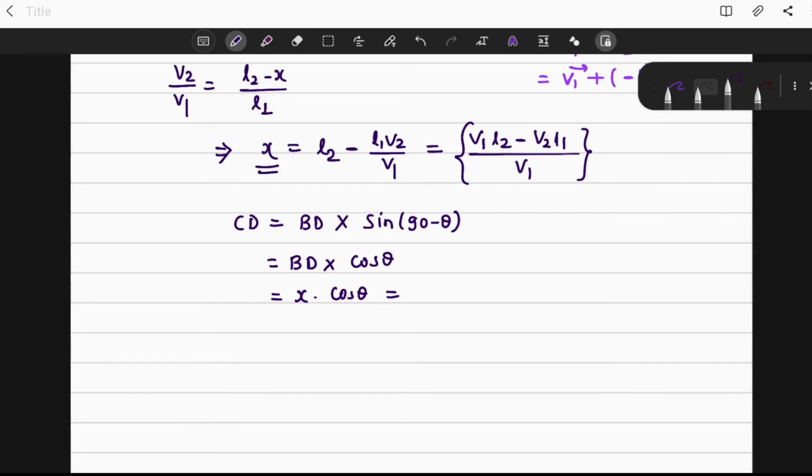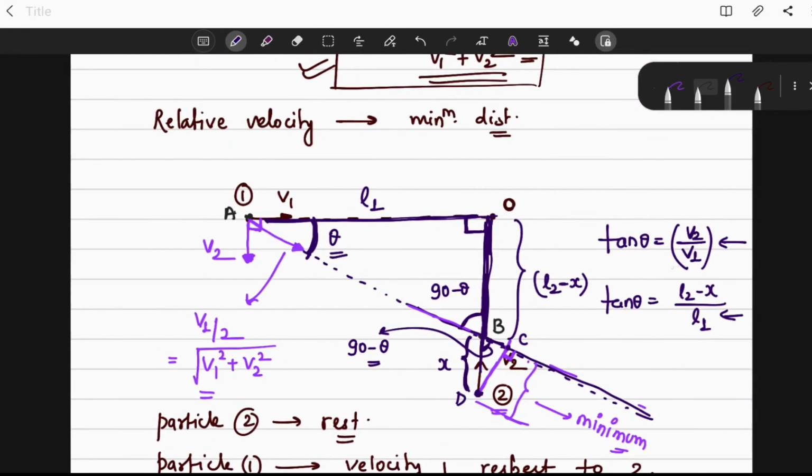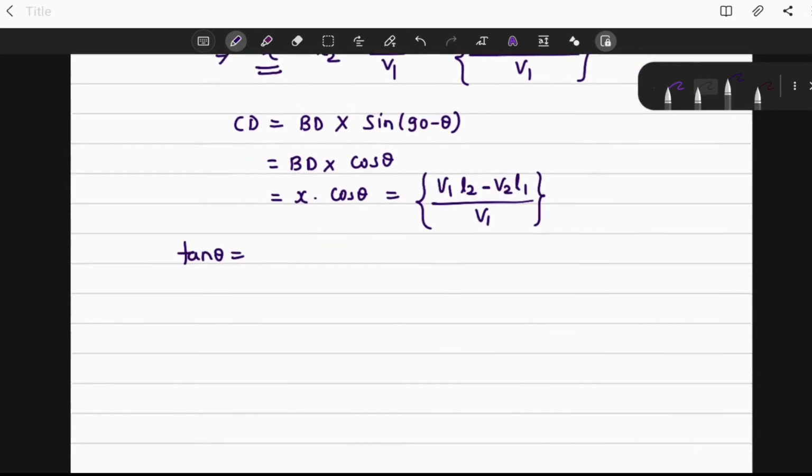What is the value of x we got? V1 L2 minus V2 L1 divided by V1, and we know tan theta is V2 divided by V1. So cos theta we can write as V1 divided by the square root of V1 square plus V2 square.